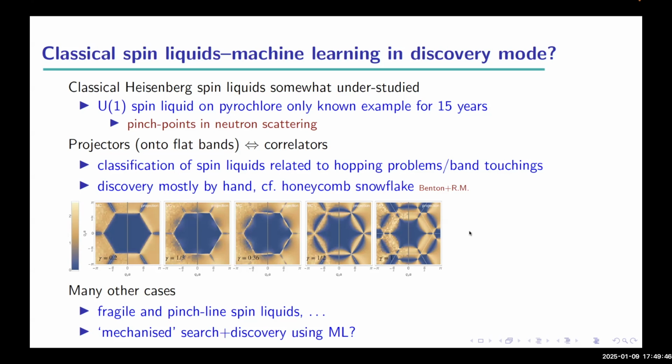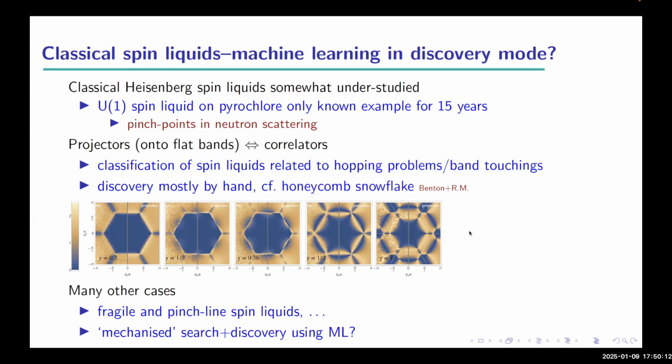We now understand in some detail, which I'm not going to go into, that under some conditions you can identify Hamiltonians which take the form of projectors onto flat bands, so that you can actually classify classical spin liquids using ideas from essentially topological band structures and ideas involving band touchings. And so using this, you can discover the various new spin liquids.